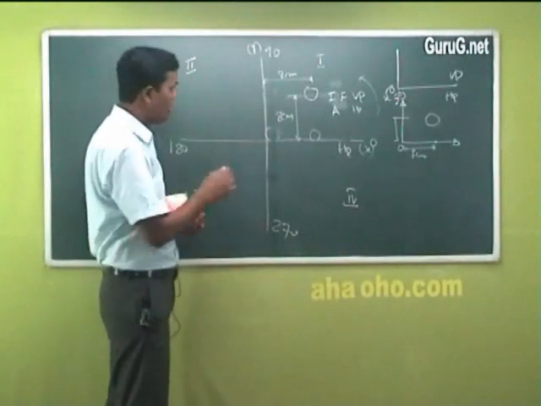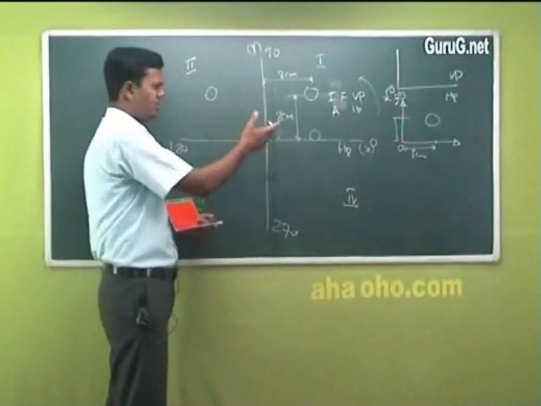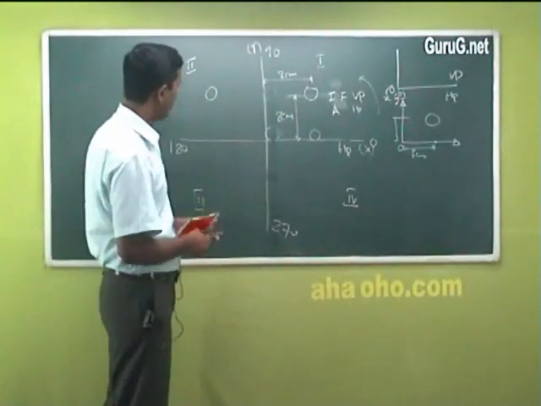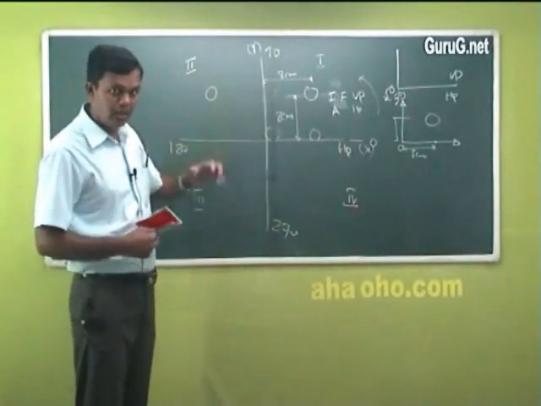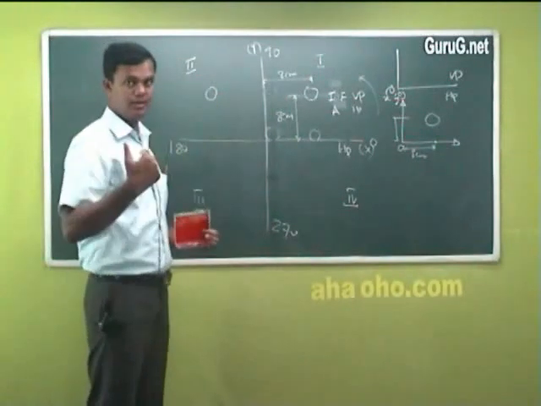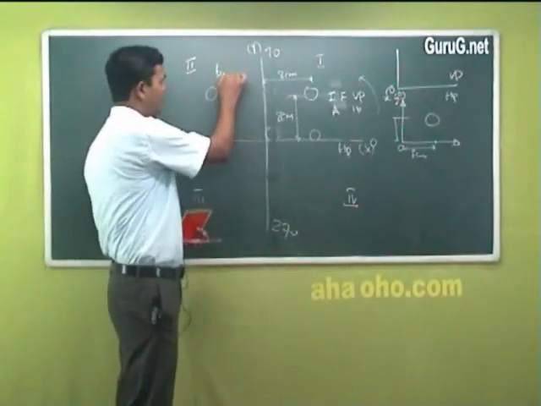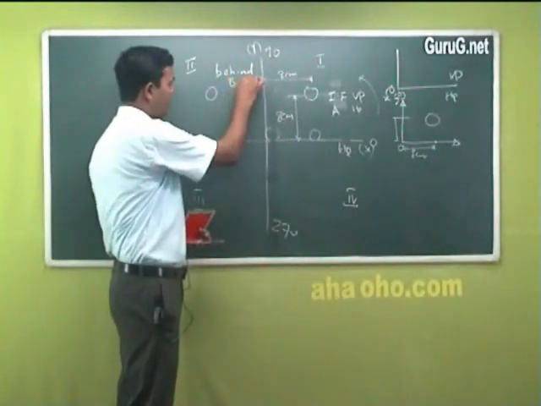How will you define it? I'll draw another ball here. The distances you can put, 1 centimeter, 5 centimeter, 10 centimeter, it's left to you. Now how will you define this? It is behind VP. You agree? Back side. Now, don't say back of VP, it is behind VP. B for behind, or you write it normally as behind VP.